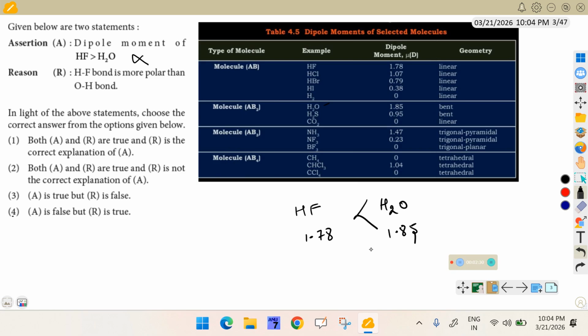HF bond is more polar than OH bond. Correct. HF bond is more polar than OH bond because fluorine is a more electronegative atom compared with oxygen. A is false, R is true.